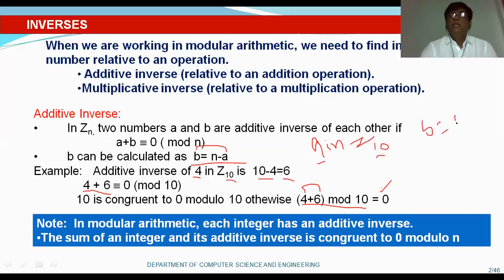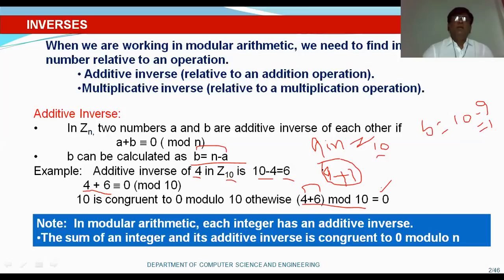So 10 minus 9 is equal to 1. So the additive inverse of 9 is 1. Is it correct or not? We can check by adding the actual number 9 and its additive inverse. When dividing this sum by 10, we get a 0 remainder.